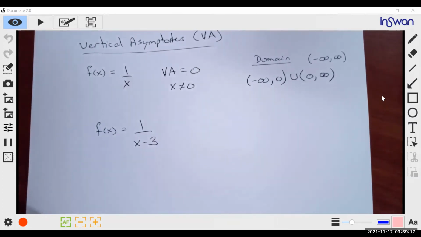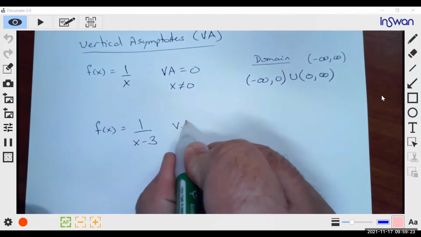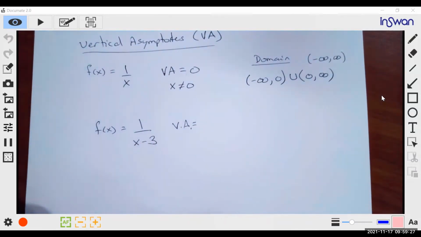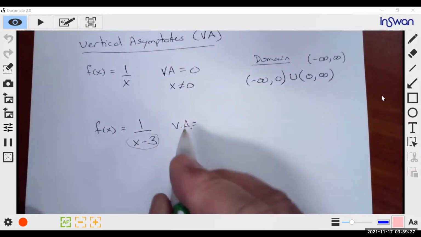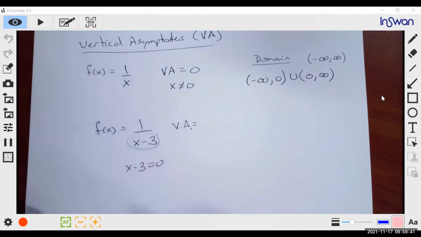How about that one? What's the vertical asymptote here? To find the vertical asymptote, take the bottom, set it equal to 0, and solve for x.